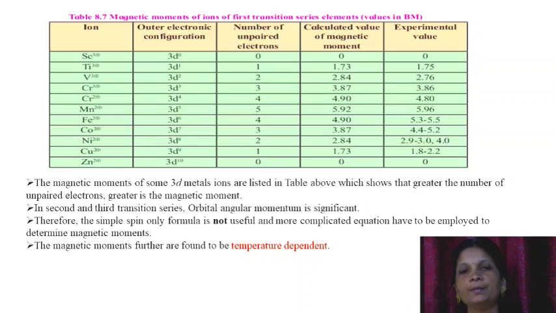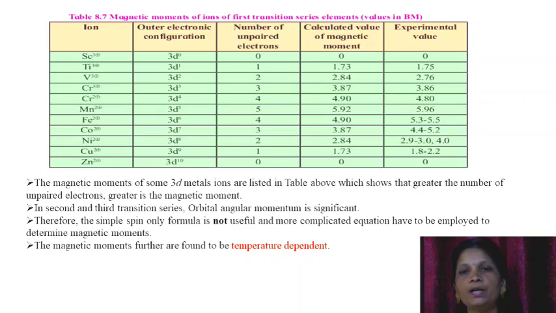For Ti+3, we can see here outer electronic configuration is 3d1, the number of unpaired electron is 1, and calculated value and experimental value of magnetic moment is 1.73. That is same. In case of V+3, the outer electronic configuration is 3d2, the number of unpaired electron is 3, and the calculated and experimental magnetic moment is 3.87.